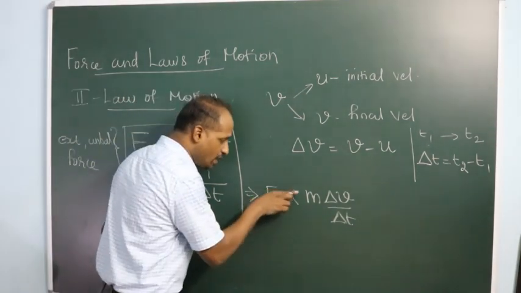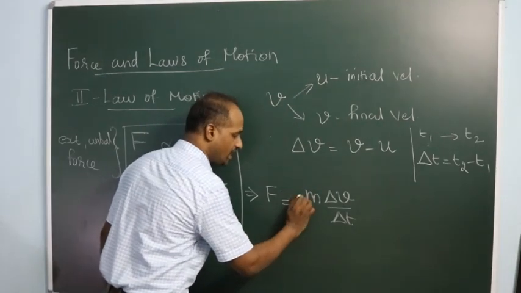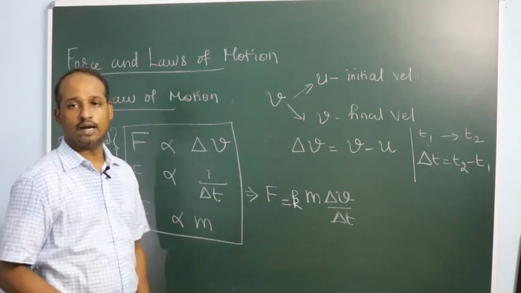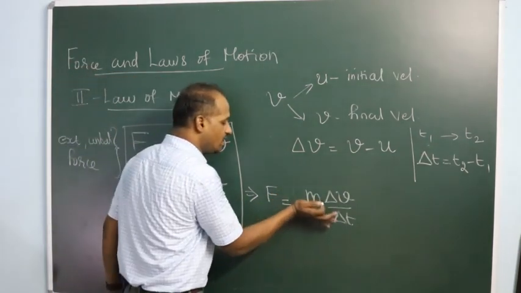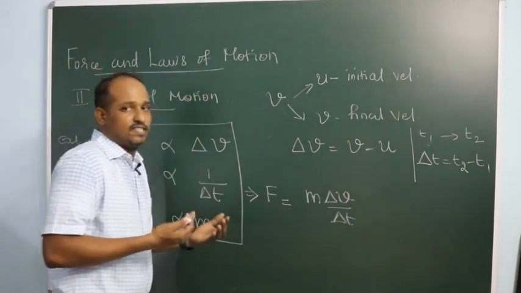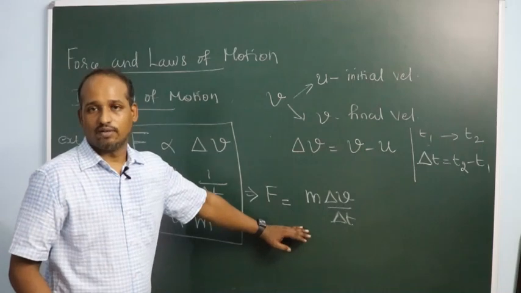Here in the SI system, when you remove the proportionality, you have to put in a constant k. The constant value in the SI system, which we are using right now, is 1.